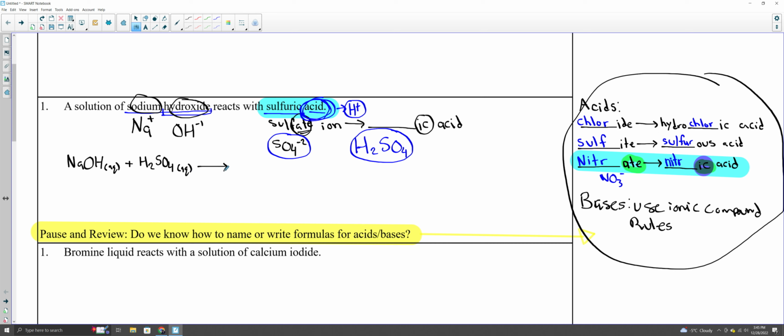And when we react acids and bases together, we should kind of remember that the H's and the metal of the base kind of trade in order to make water. So when I take an H off of this H2SO4 and give it over here, it makes HOH, which is also known as H2O, liquid water.